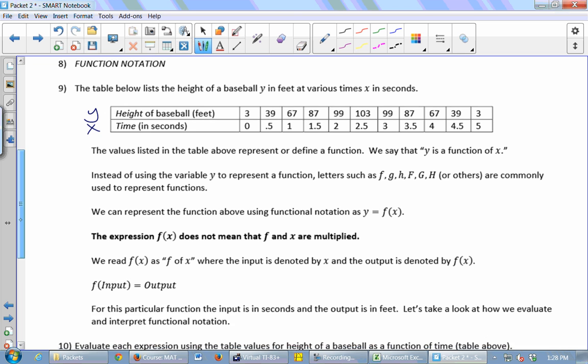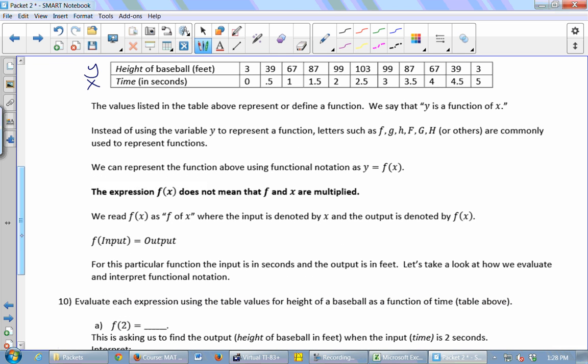Okay, so we represent the function above using function notation, and we write Y equals F of X. So that's F, parentheses, X. You read that as F of X, and it does not mean F times X. So this is just a brand new notation.